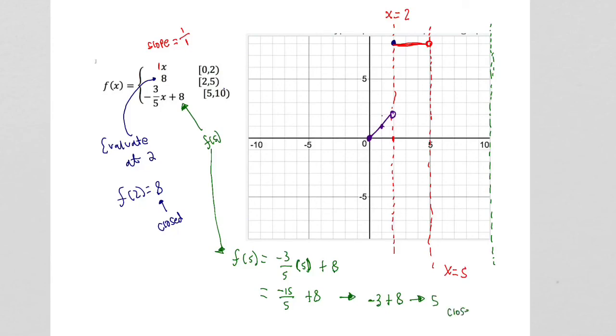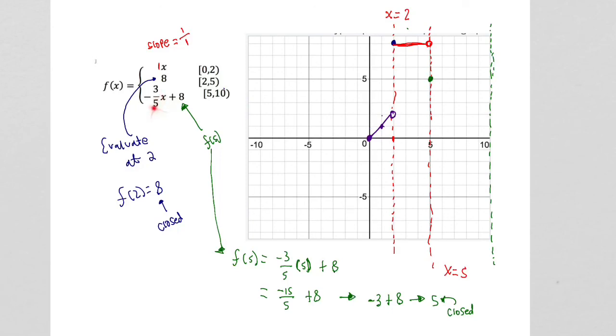And that's where the closed circle is going to get plotted. Or at positive 5 is where we see that jump. So positive 5 is right here, so we get the closed circle right there. Let's shade that in. And now we have to follow the slope here.